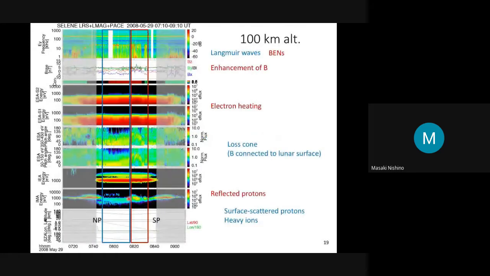At 100 kilometers altitude, we see almost no modulation of incident ions, but just electron heating was observed.